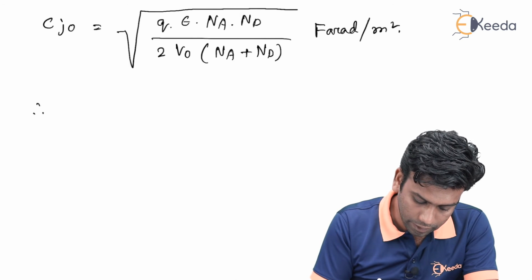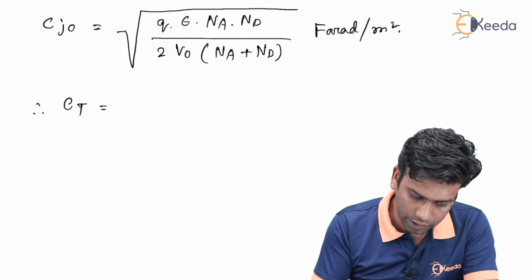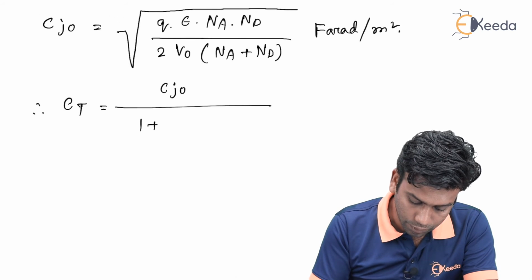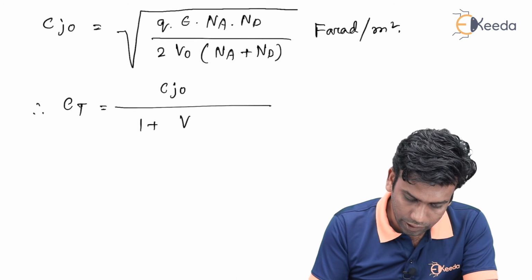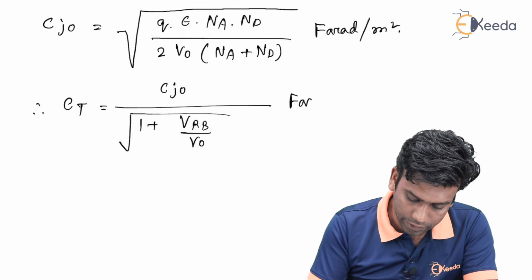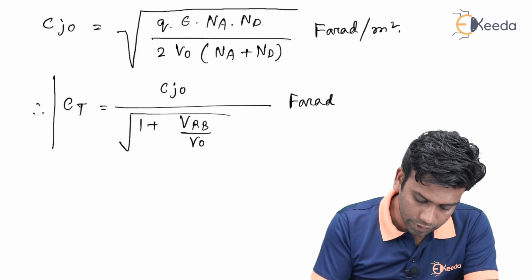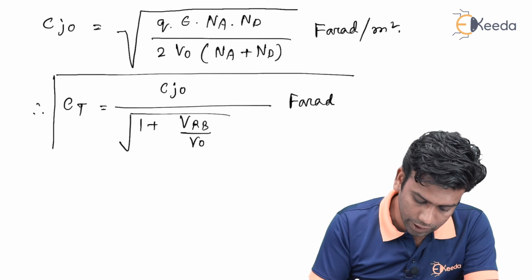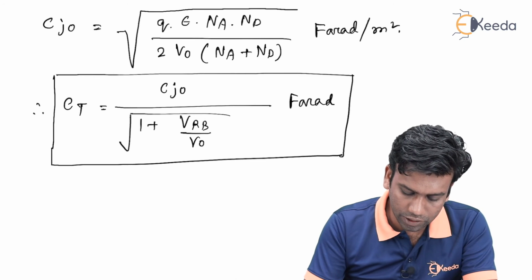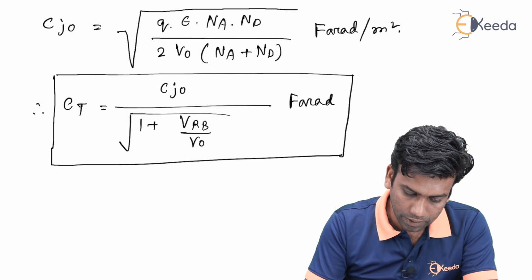So, we can write the value of transition capacitance Ct is equal to Cj0 divided by root over 1 plus VRB divided by V0, in farad. So, this is the final equation from which we can find the value of transition capacitance in the reverse bias section.